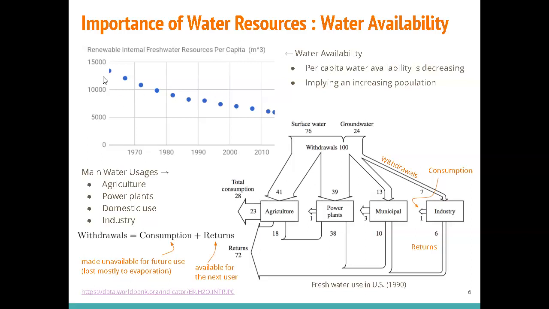This is showing you the decreasing trend, because there are more people and limited water resources, right? It implies that we have an increasing population, which means that for our world, it's still increasing, at a slower percentage. We talked about this for the human population part, the growth and decay lecture. Still, it's increasing. So that's why it's very important to talk about this.